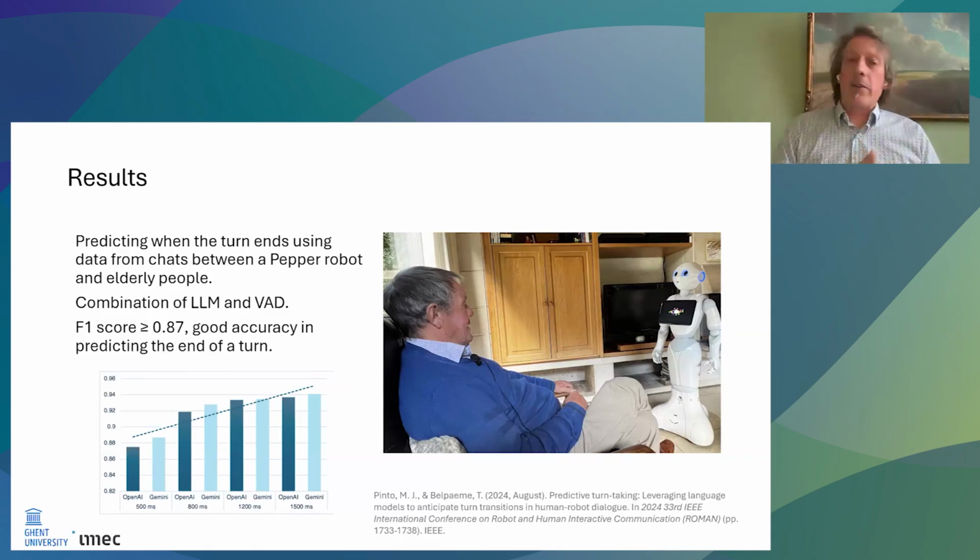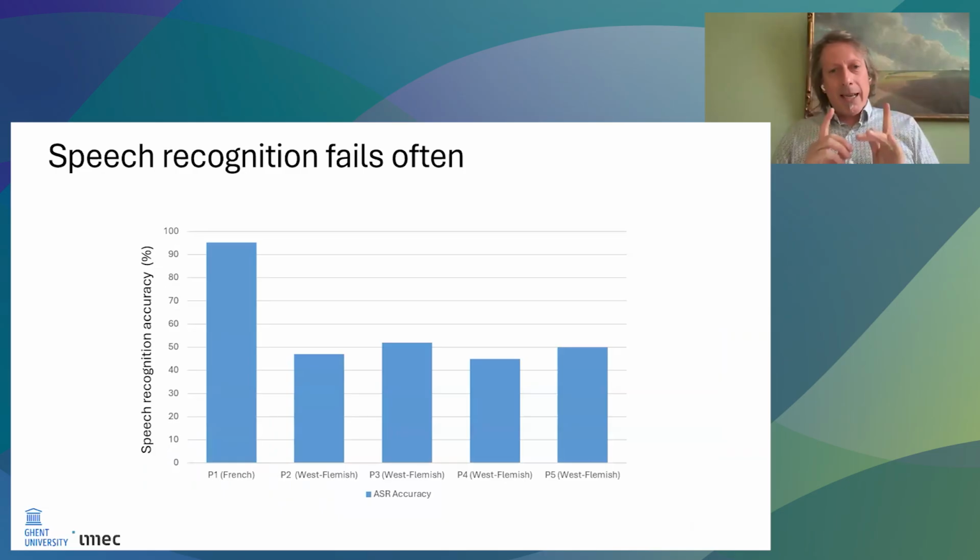Now, other problems that we face is that speech recognition fails often. Speech recognition for elderly people is already a challenge. We are also dealing with languages that are fairly low resource, and the people we work with speak a local dialect.